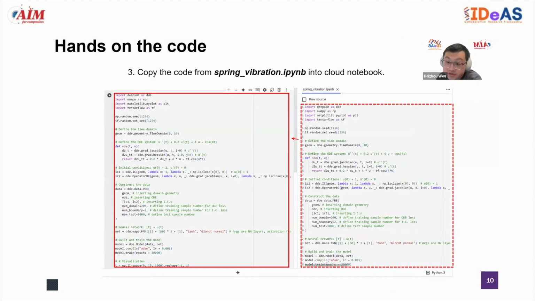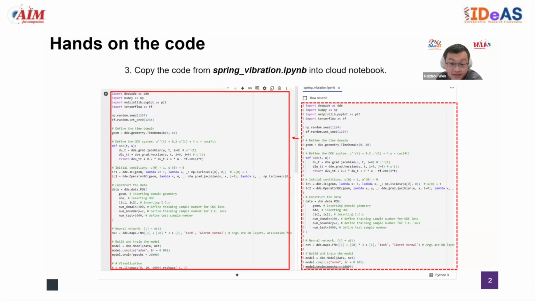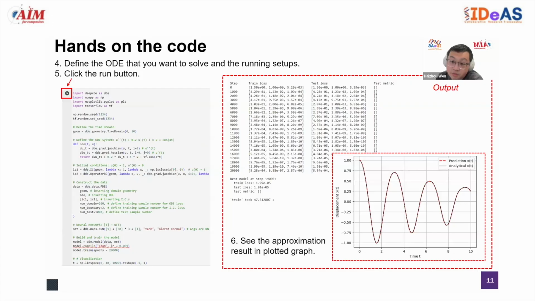Then copy the code from Spring Vibration to our online notebook, from the first line, import DeepXDE, to the last line, plt.show. Then click the run button, and you should see some output coming out. When the approximation is finished, there will be a result graph which shows the response x(t) curve, and that is the solution of the ODE that we want.